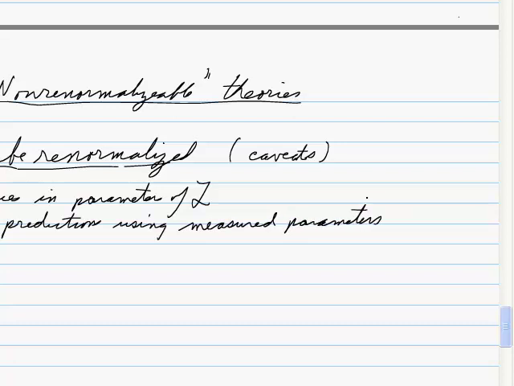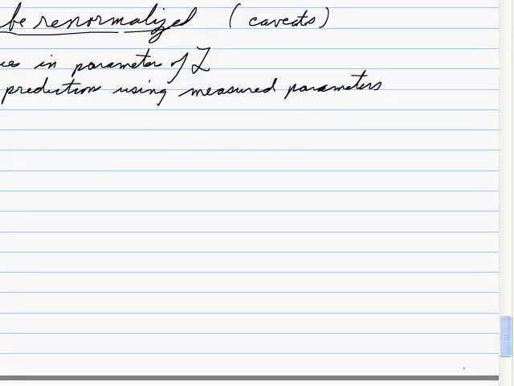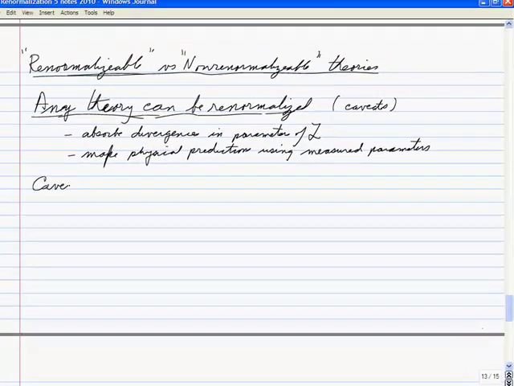That's the heart of renormalization. You take a theory, you calculate it away, you measure your parameters, and you make predictions in terms of what you measured. And here's the most important caveat.